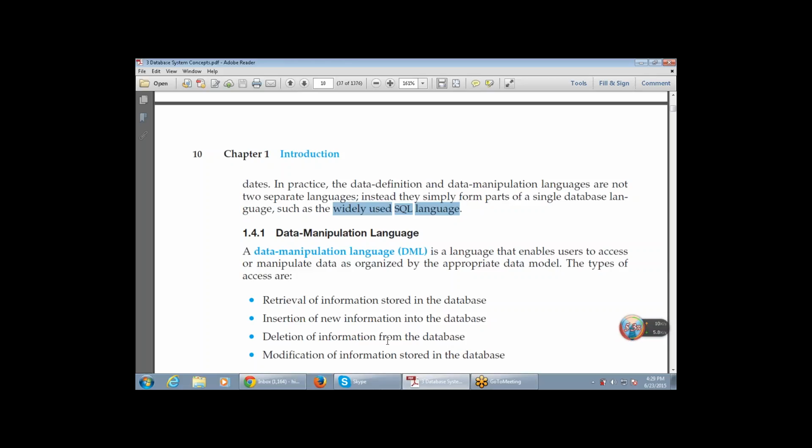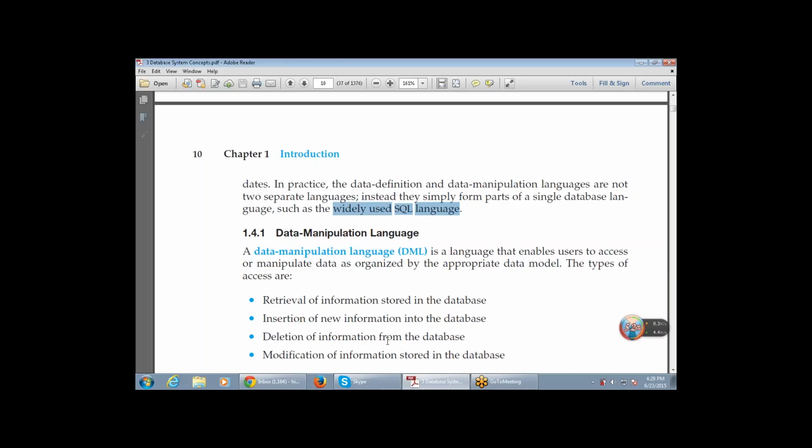That is, how to access the data, how to use the data, and how to manipulate the data as organized by the appropriate data model. So DML is simply a language that allows users to access and manipulate the data.